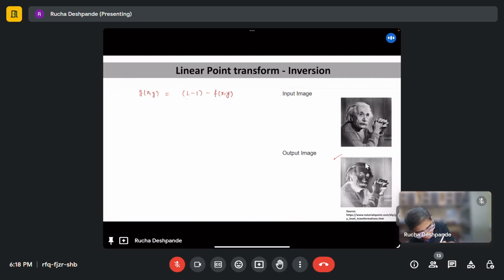Here L minus 1, L is the total number of gray levels available in that image. So for an 8-bit image, L will be 256, and for others so on. For an 8-bit image, this function will be g of x comma y is equal to 255 minus f of x comma y.